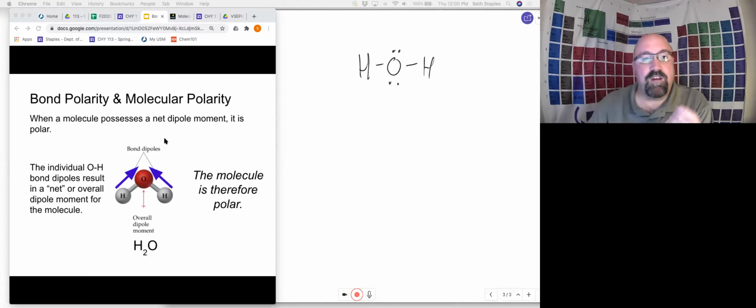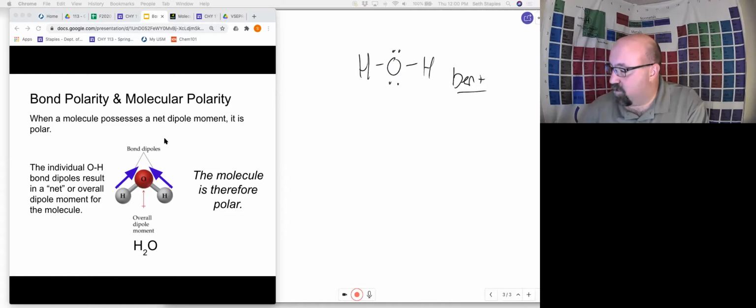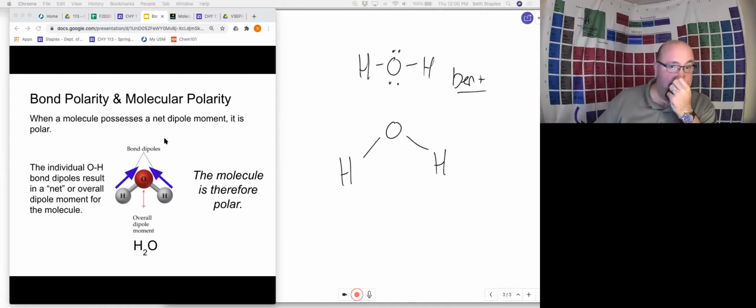But now when we're trying to determine if the whole molecule is polar, we're not going to worry about our lone pairs. And we want to redraw this, or at least think of this, taking our molecular geometry into account. We know that our molecular geometry here is bent. And so we're just going to redraw the molecule with that bent shape.